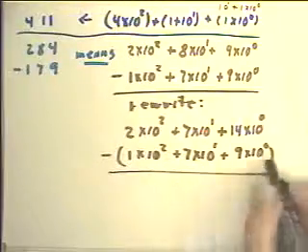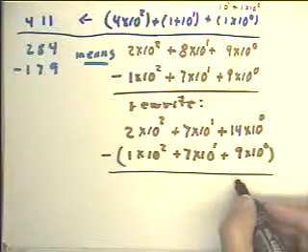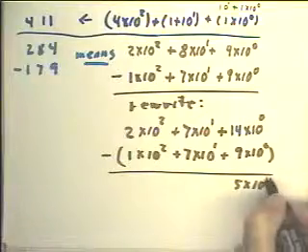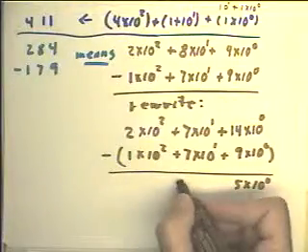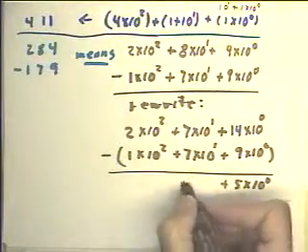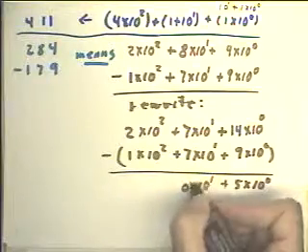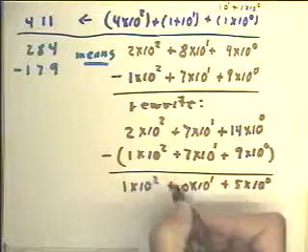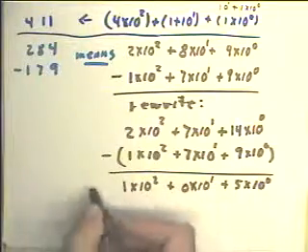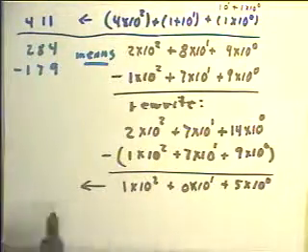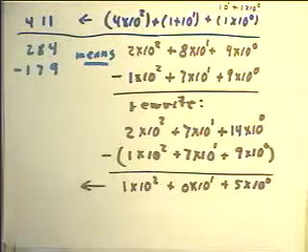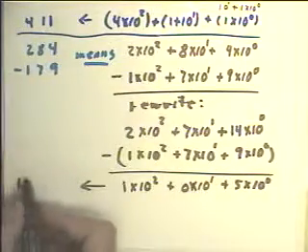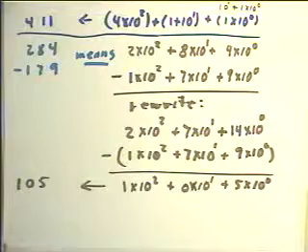And now we can do everything. 14 minus 9 is 5, so we have 5 10 to the 0's here. We have no 10 to the 1's, and we have 1 10 to the second, which translates back into the number 105.